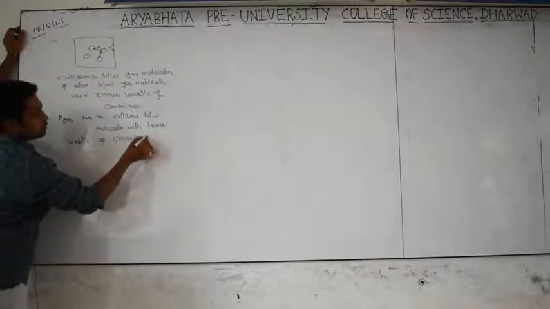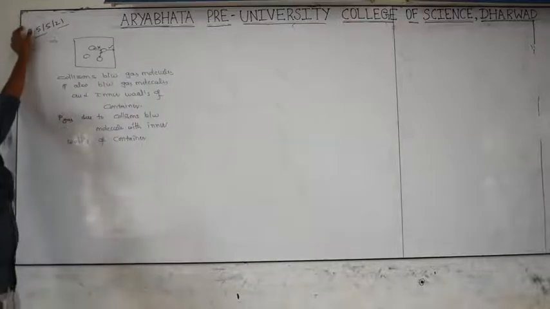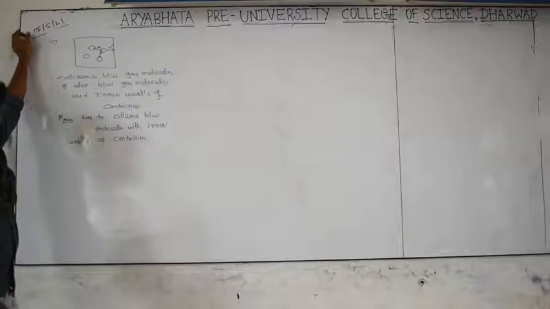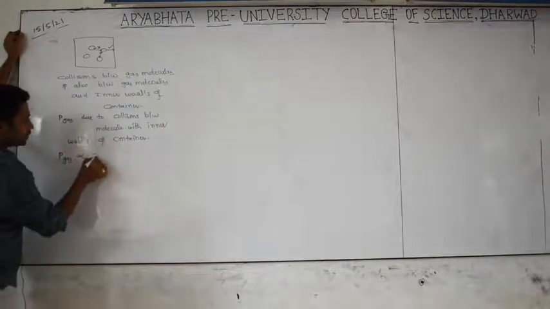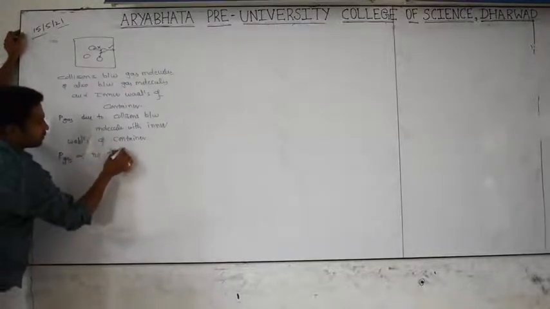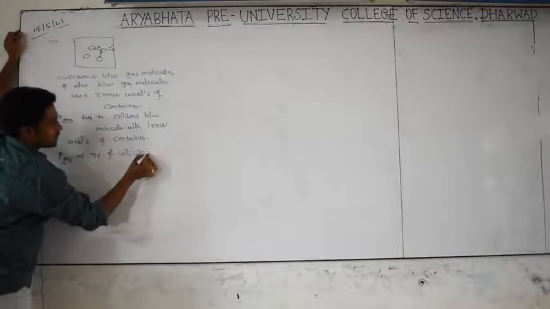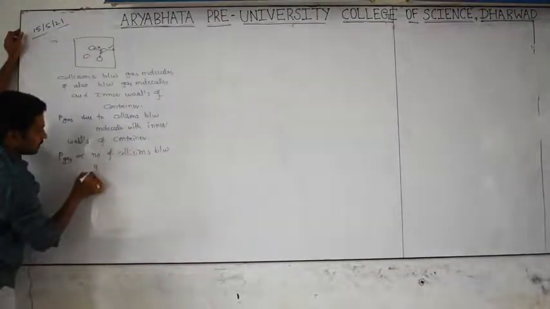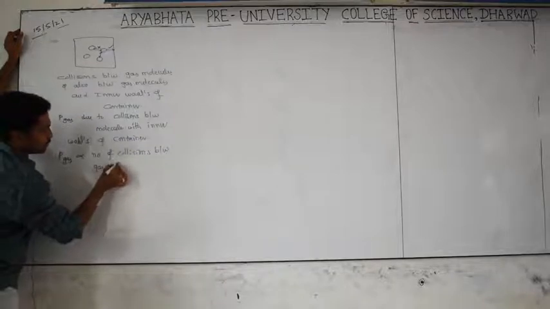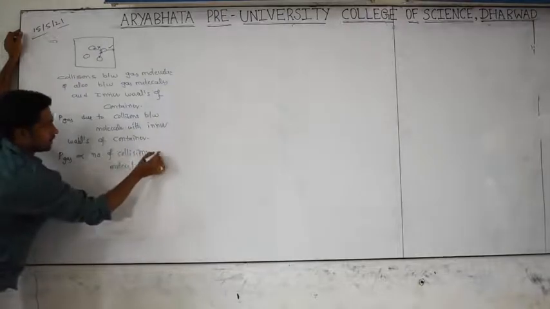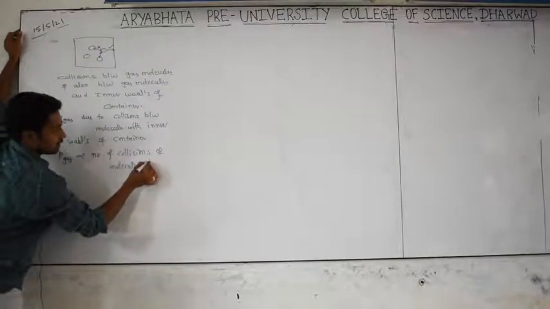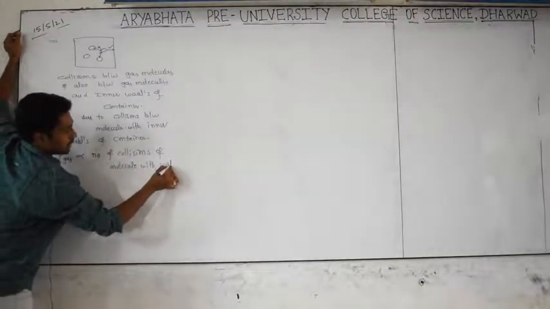Yes, collisions between the molecules also happen, but they are not considered, because the force of attraction is very small and the pressure created is negligible. That's why the pressure of a gas is directly proportional to the number of collisions of molecules with the walls of the container.